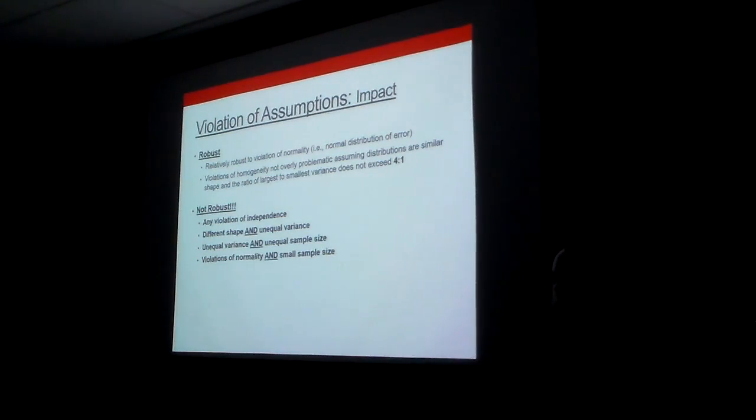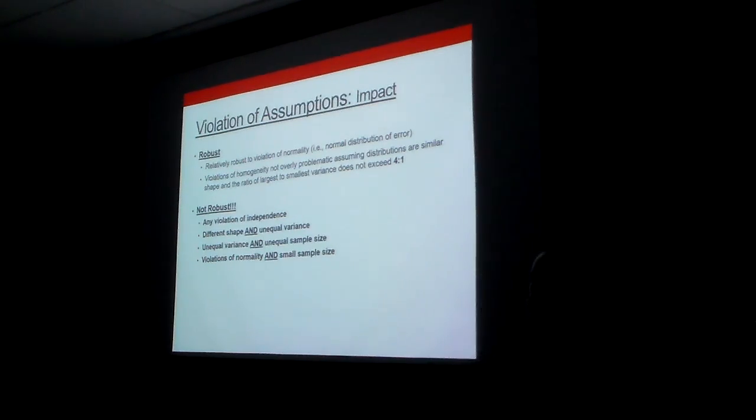When we're looking at screening for our ANOVA models, any violation of independence, right? If this group is not completely independent of that group, we've got problems. We need to have everybody separated. This is a design issue. But if the distribution of scores in our individual groups have different shapes and unequal variance, right?